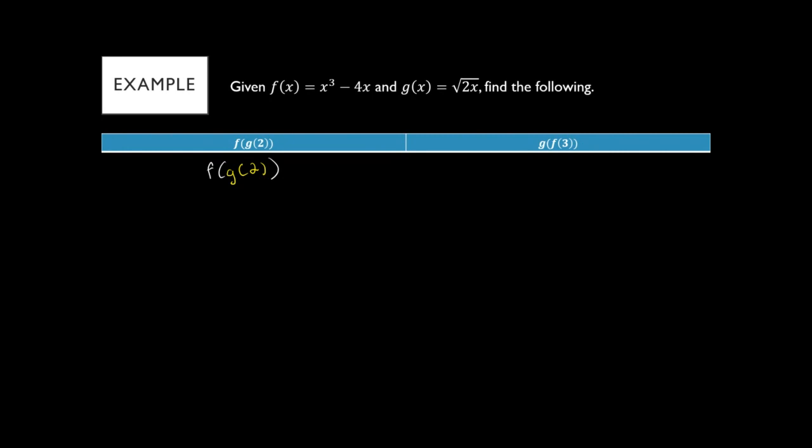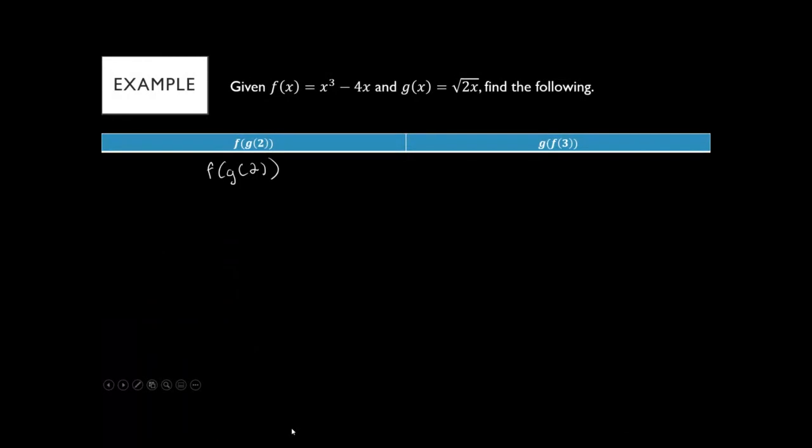So I need to first do g of 2. And that will take me to g of x. So I've got, oh, I don't know why that disappeared. Oh, last time this happened, I had to close my slideshow and then start it up again. Let me try that. I've had this happen to me before, where for whatever reason it just makes things disappear. There we go.